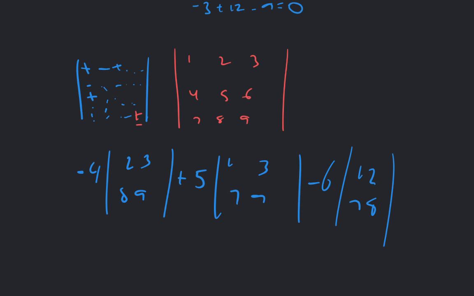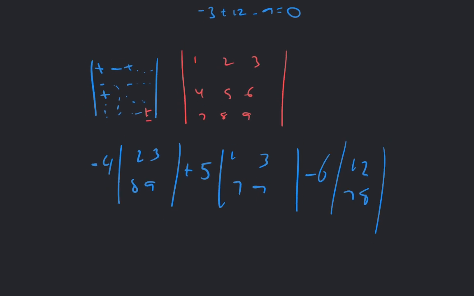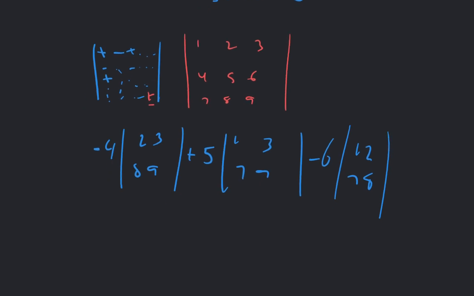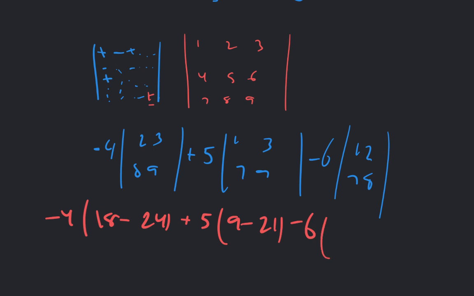Now, we could do the math, so minus 4 times 18 minus 24, plus 5 times 9 minus 21, minus 6 times 8 minus 14.